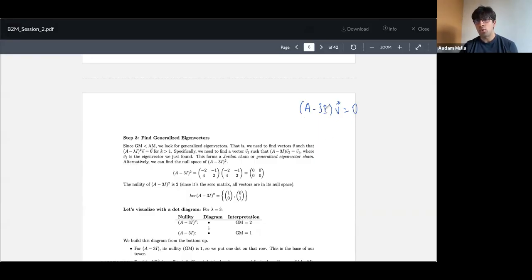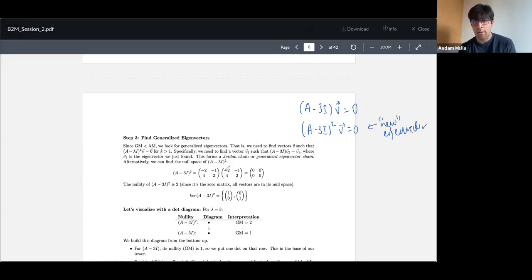Now we need to square this (A - 3I) matrix to find the generalized eigenvector. So we're going to solve (A - 3I) squared times v equals 0 to find the new eigenvector. And you're going to see it forms a chain of eigenvectors.